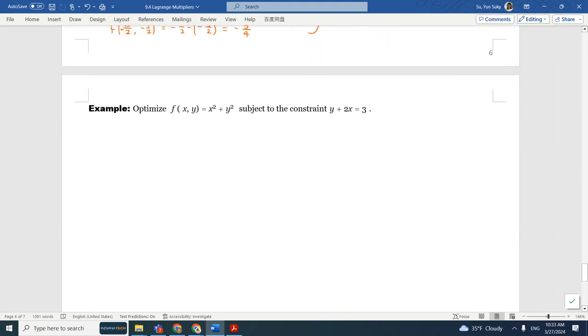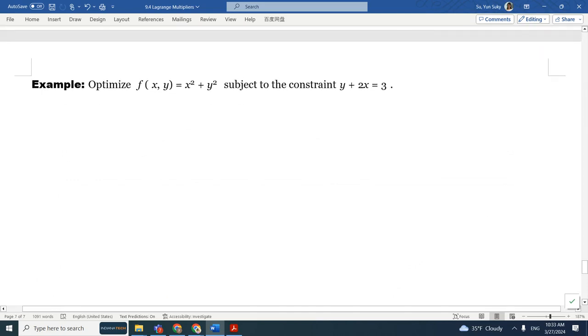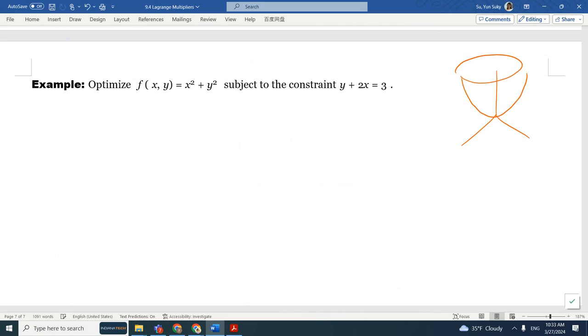Okay, let's look at the next example. We have f is x squared plus y squared. The picture will look like a paraboloid. The x squared plus y squared is like a parabola, so it's in 3-dimensional space, a paraboloid.